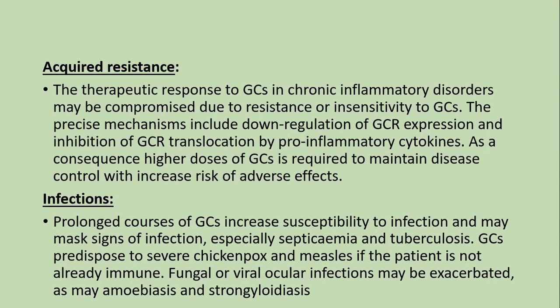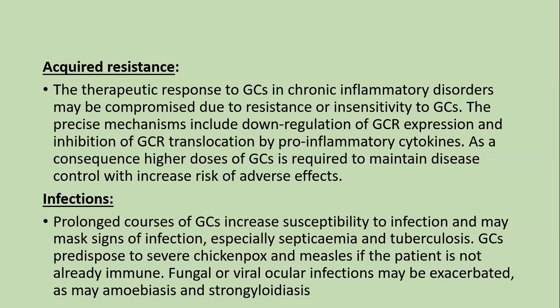Acquired resistance. The therapeutic response to glucocorticoids in chronic inflammatory disorders may be compromised due to resistance or insensitivity to glucocorticoids. The precise mechanism is downregulation of glucocorticoid receptor expression and inhibition of receptor translocation by pro-inflammatory cytokines.